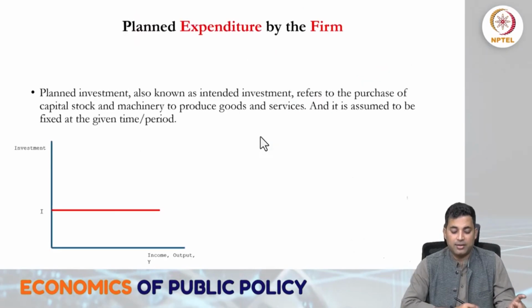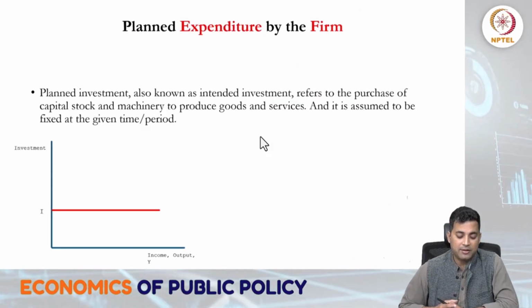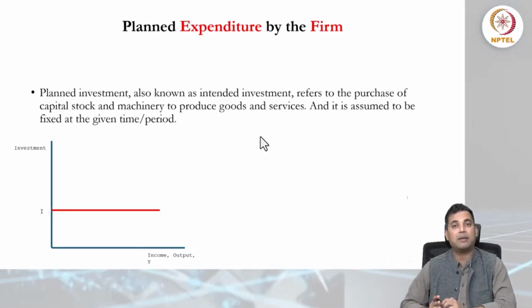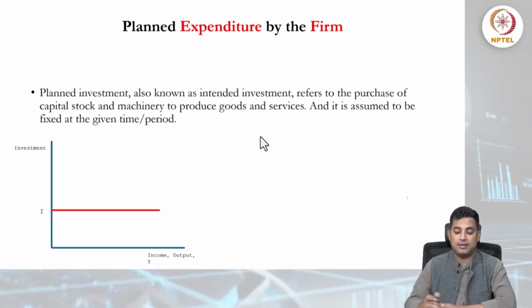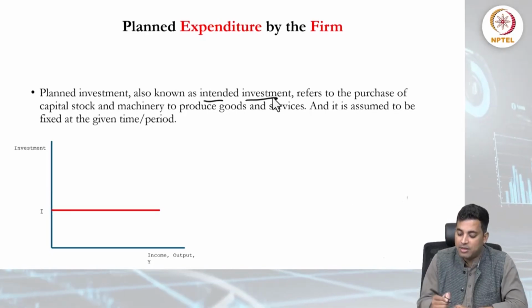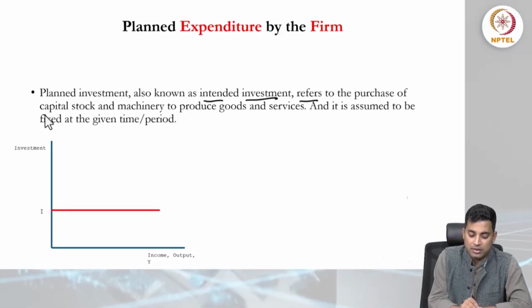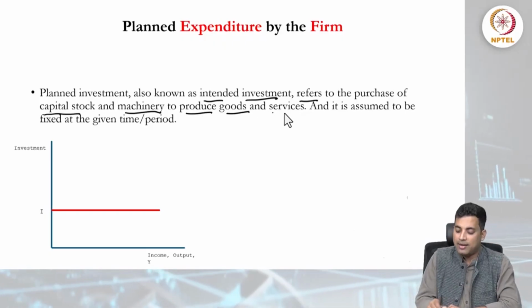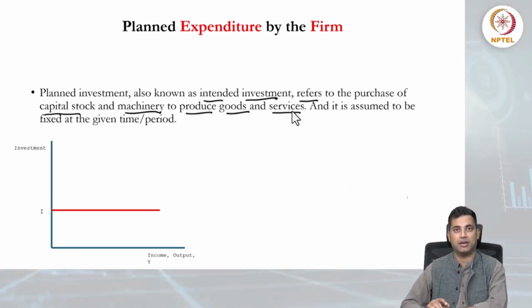So moving further with the planned expenditure by the firm. Planned expenditure by the firm is basically planned investment, also known as intended investment by the firms. It refers to the purchase of capital stock and machinery to produce goods and services, and it is assumed to be fixed at a given time or period.